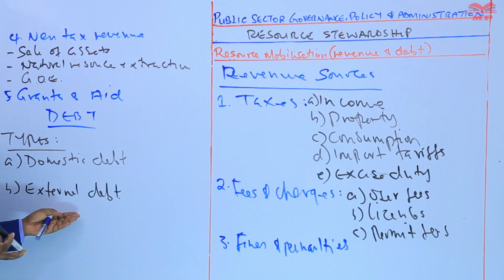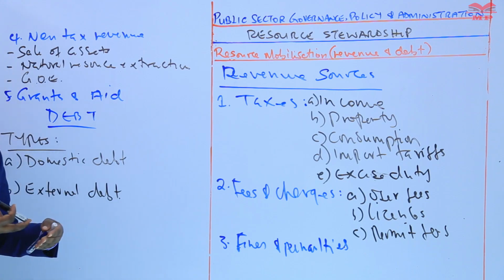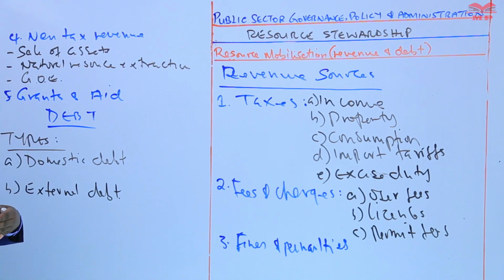One challenge of debt financing is the sustainability of debt, because excessive borrowing can lead to unsustainable debt levels, making it difficult for governments to repay their obligations and potentially leading to financial crisis.